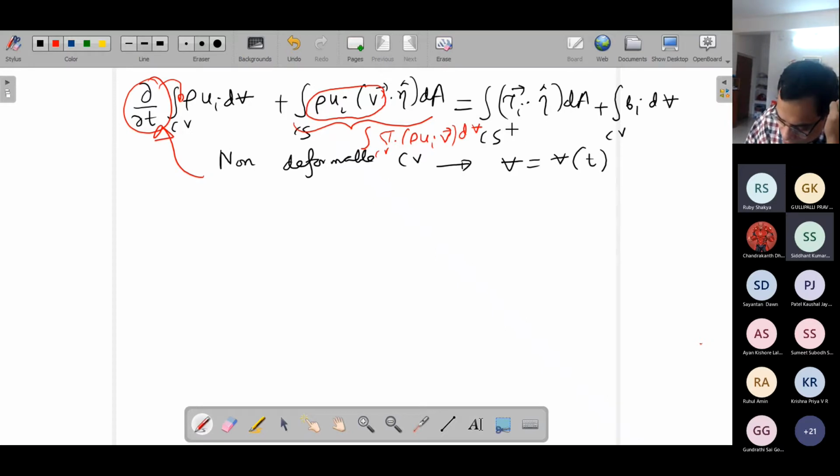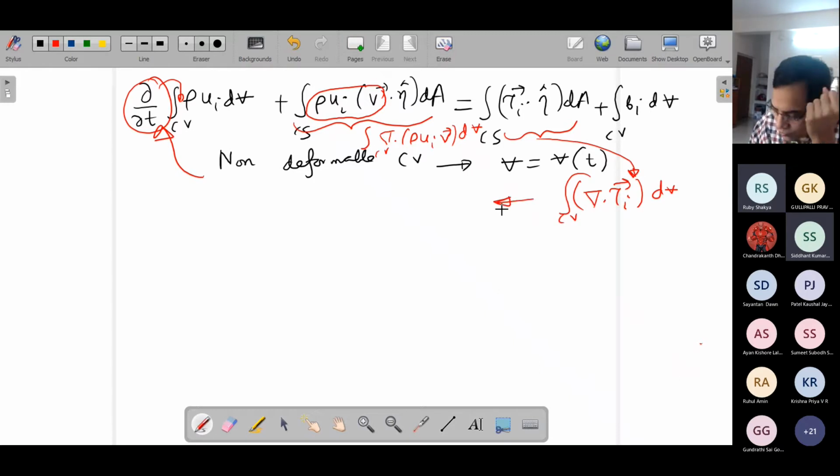Similarly, this also we can apply the divergence theorem. So this will be the divergence of tau I, and what is the divergence of tau I?